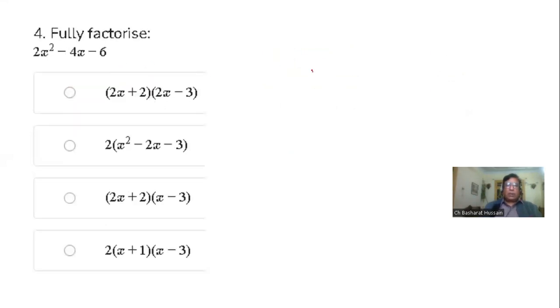Here for 2x square minus 4x minus 6, again multiply these two: 2 times minus 6. So here take a pause, first solve it and mark it, and then match the answer with my answer, okay? So this is minus 12.